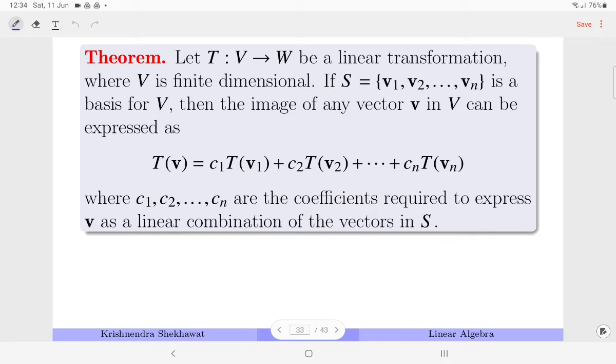This is what we did in the previous question: if S is a basis for V, then any vector v can be expressed as a linear combination of basis vectors, and then we apply T on both sides, which gives us T(v) as a linear combination of T(v1), T(v2) and T(vn).